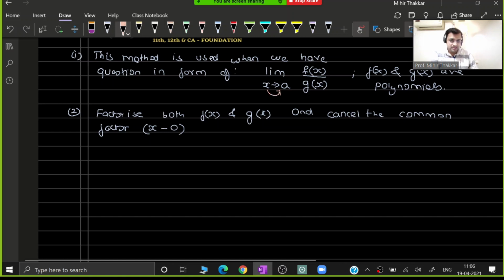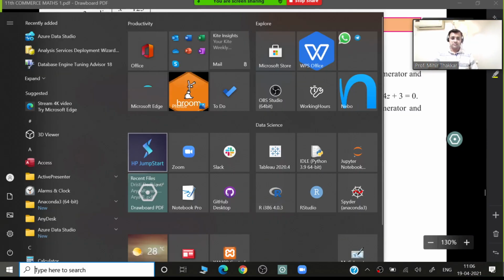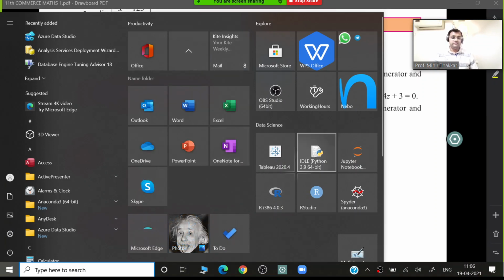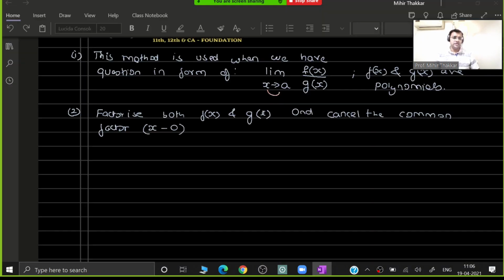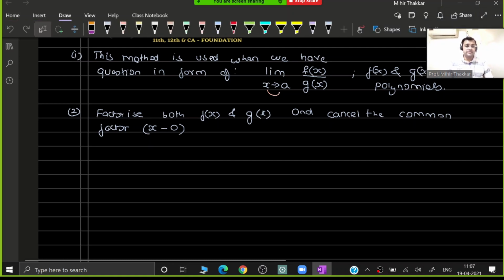X minus this number, whatever is this number over here, if you have x tends to 3, then the common factor will be x minus 3. If you have x tends to 2, then the common factor will be x minus 2. If you have x tends to 5, then the common factor will be x minus 5. So whatever is the value of a, that itself will be our required common factor. X minus that number is always the common factor.